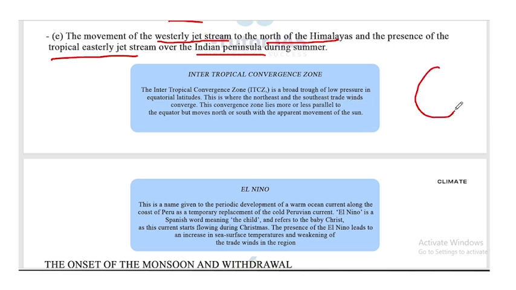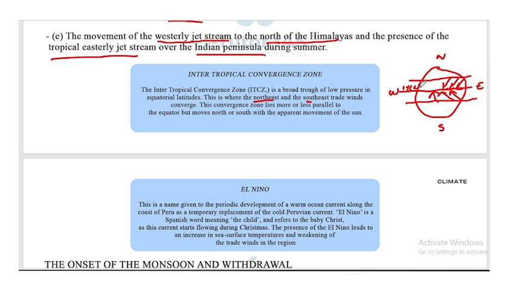This is the northeast trade wind and this is the southeast trade wind. So this area is the ITCZ, where the northeast and southeast trade winds converge.